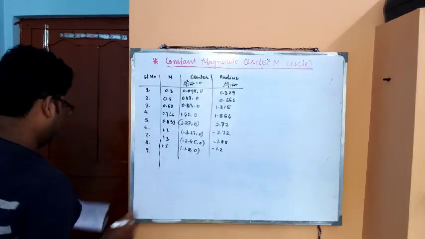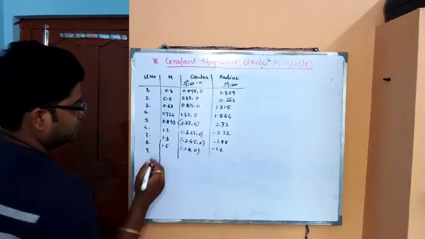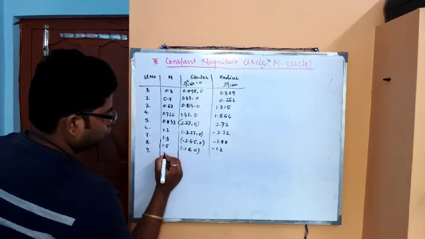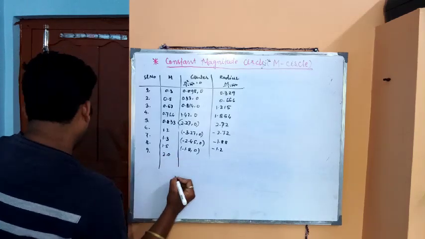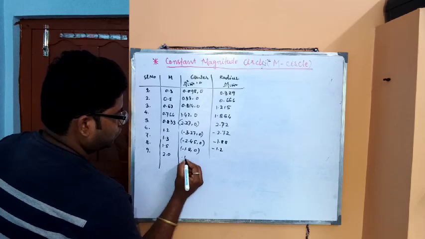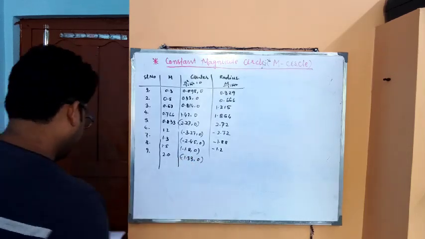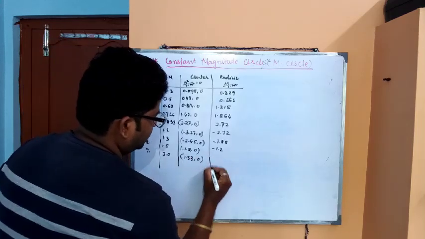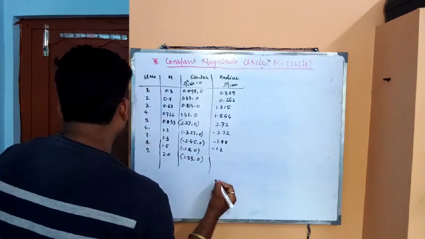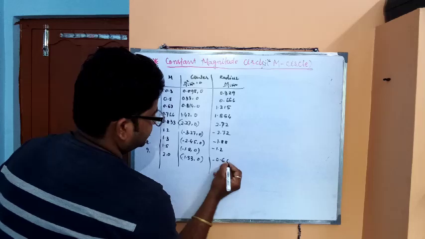Ninth value, we are considering m equal to 2.0. With respect to this we got the center minus 1.33, 0. Then with respect to this we got the value of radius equal to minus 0.66.